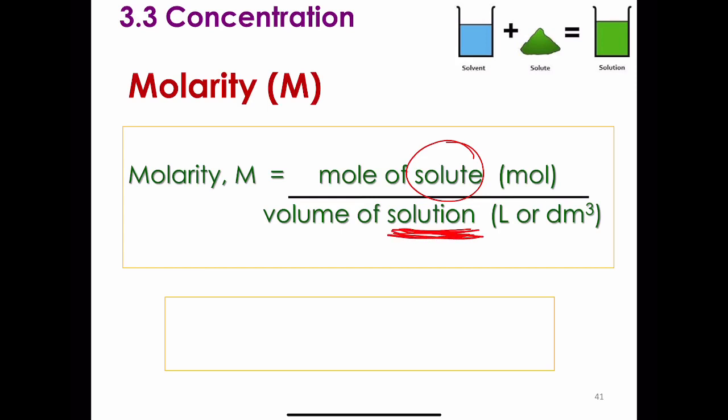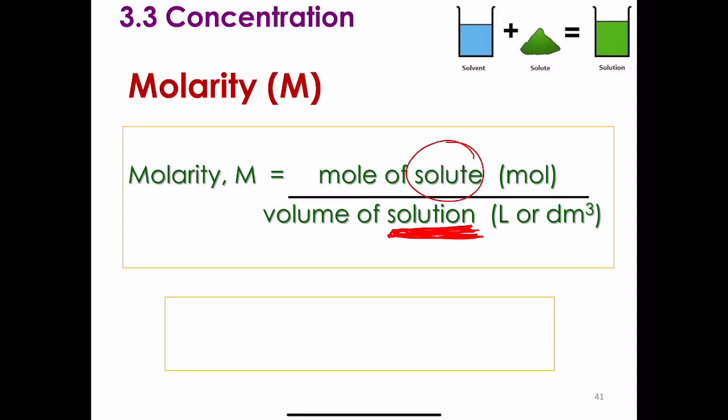Okay, so kamu kena tengok betul-betul yang especially bahagian volume lah. Volume yang diberi pada kamu tu adalah volume of solute kah, volume of solvent kah, ataupun volume of solution. Tapi yang pasti adalah untuk dalam molarity, volume yang kita guna adalah volume of solution dalam kita punya formula ni. Okay, meanwhile mole pula adalah mole of solute.